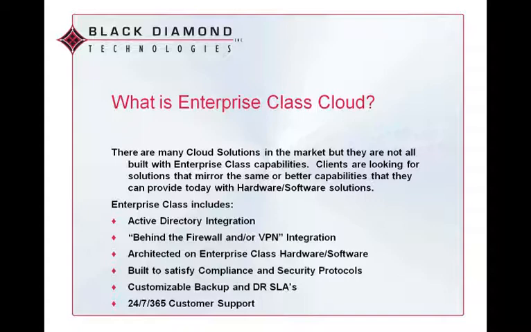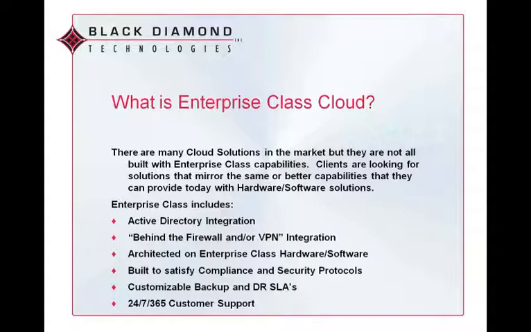So everything we're going to talk about today has enterprise class capability behind it. Some of the things that includes are Active Directory integration, behind the firewall and or behind the VPN integration. It's architected on enterprise class hardware and software solutions, the same hardware software products that you folks would be buying today within your own data center.